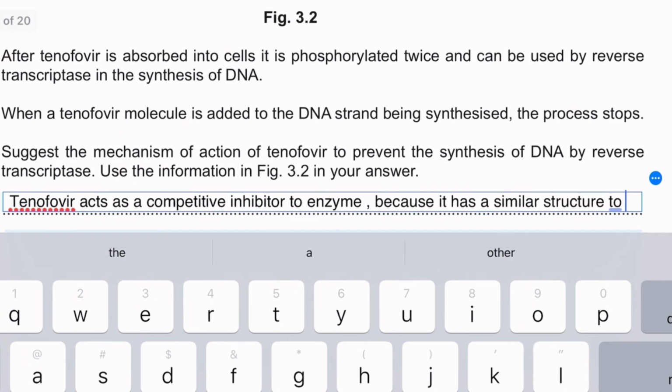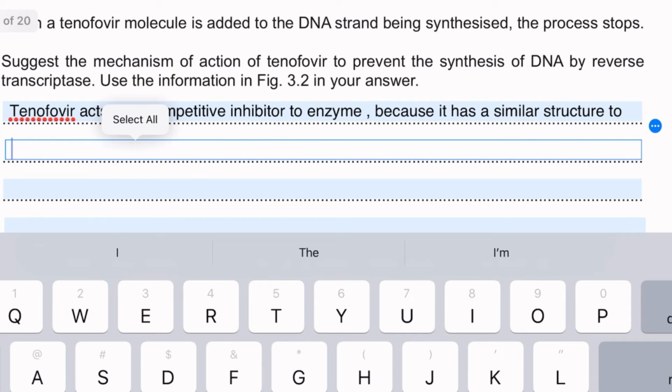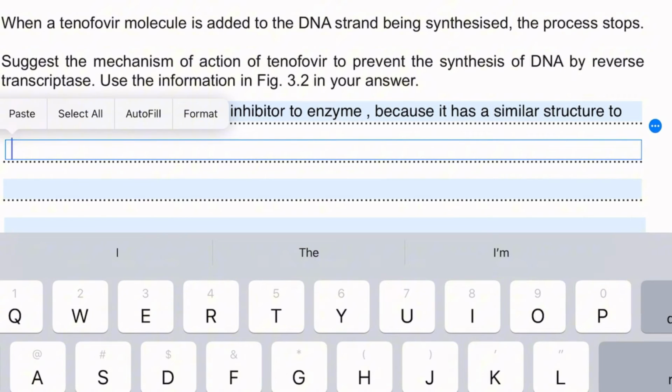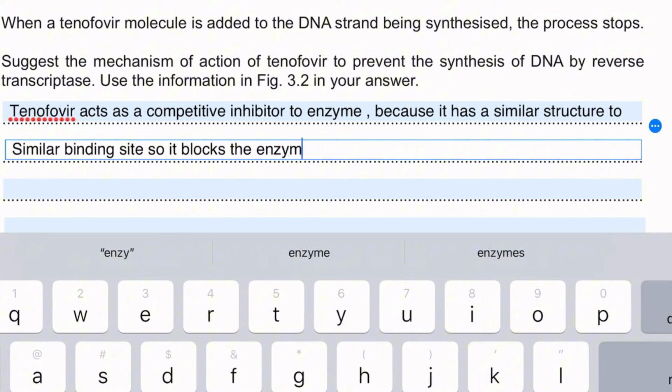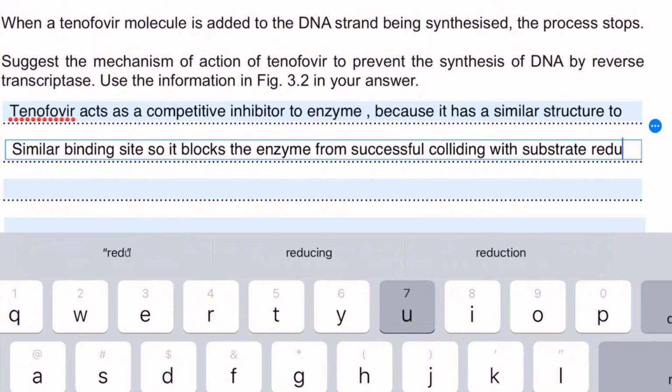It's a really long name, not going to write it down. And so since it has a similar structure and has a similar binding site, it blocks the enzyme from binding to the substrate and from successfully colliding with substrate. And so obviously this reduces the rate of reaction.